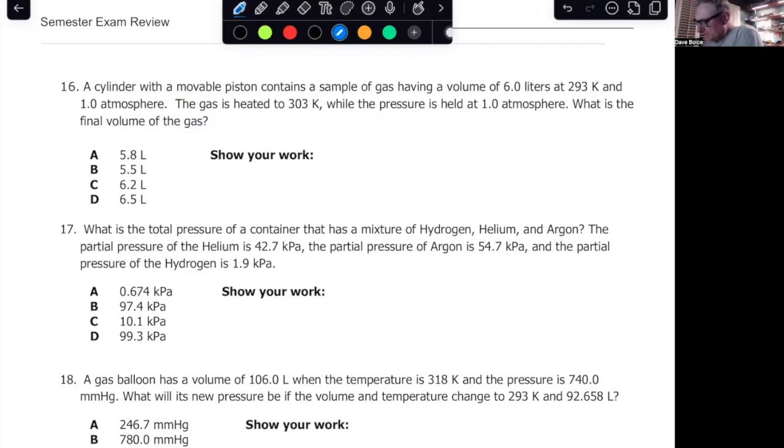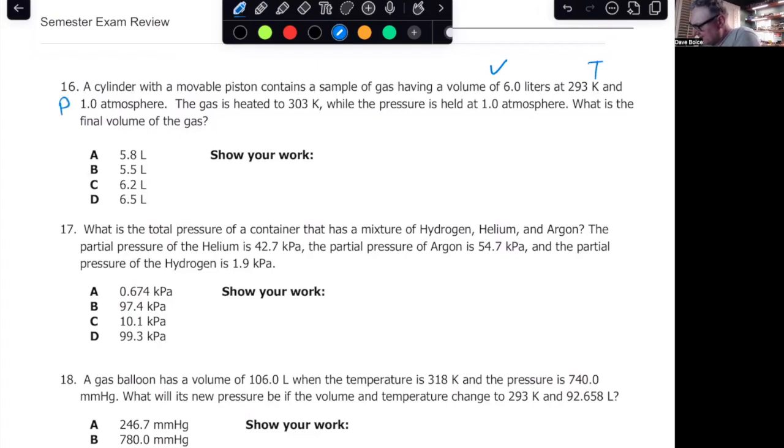Okay, so starting with number 16, a cylinder with a movable piston contains a sample of gas having a volume of 6 liters in 1 atmosphere. The gas is heated. Looks like I'm dealing with a change, so I am going to start thinking PV over T. I'm going to think about the combined gas law. So what do I got here? I have a volume, I have a temperature, I have a pressure.